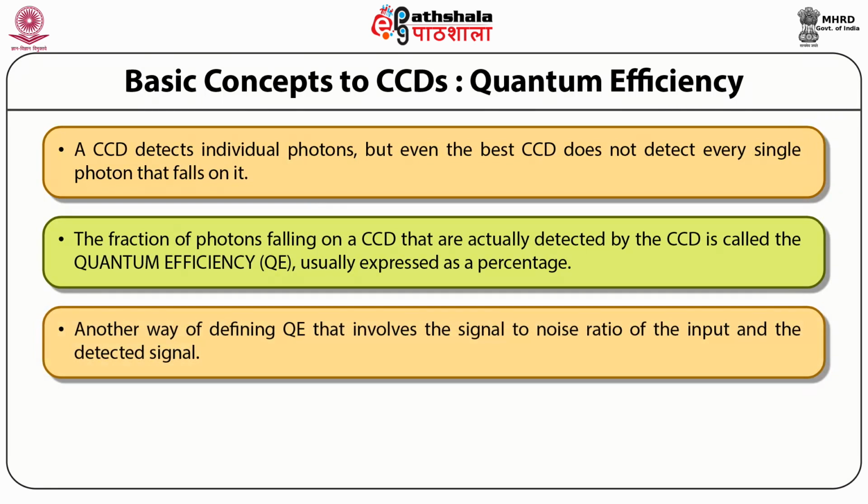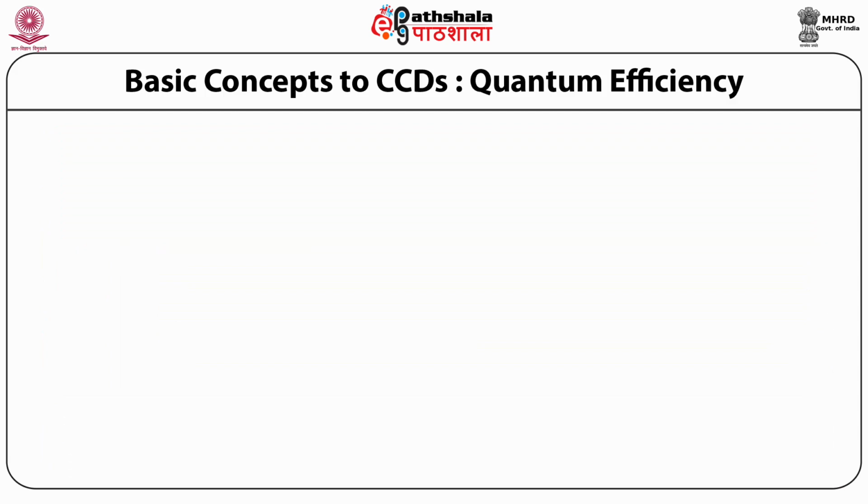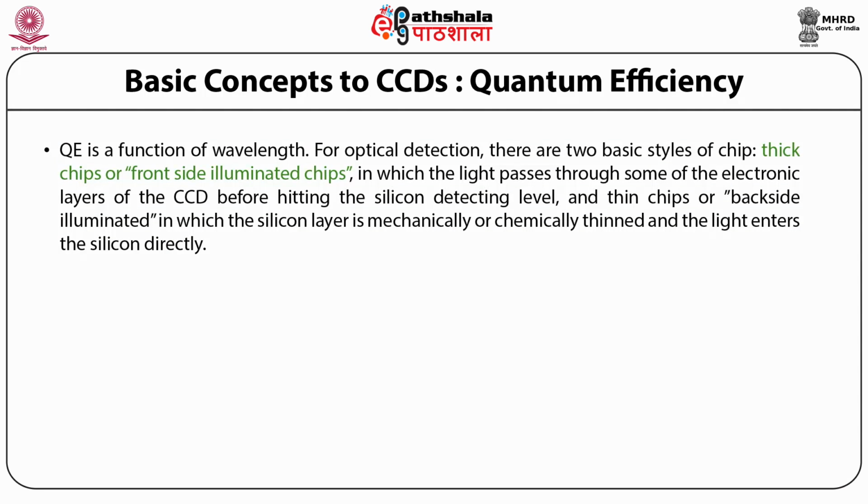Another way of defining quantum efficiency involves the signal-to-noise ratio of the input and the detected signal. For CCDs, in which photon noise is the dominant noise source, the fraction of photons detected and the signal-to-noise definitions of QE are equivalent. Quantum efficiency is actually a function of wavelength.